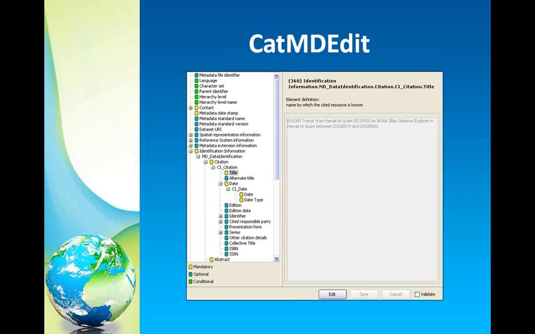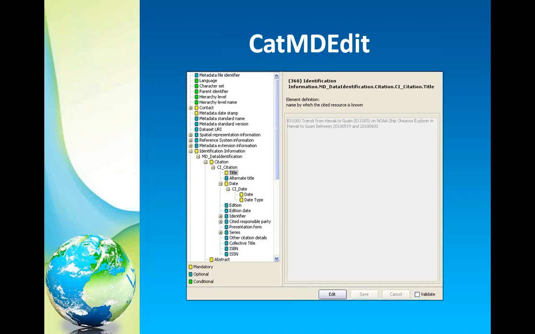Like you can see at the top, you have your metadata file identifier, and it also uses a color coding of what's mandatory and what is optional in the record, so that you can expand your hierarchy. Then, for instance, here it's showing that you're at the title element. You click on the title, and then you would edit that record in that editor.